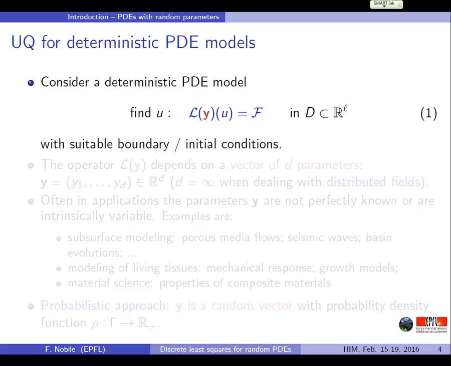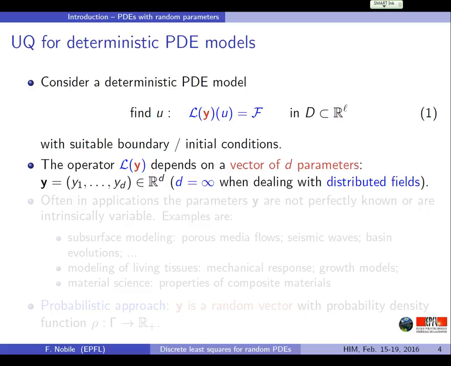It could be a variability in the system, and every time you run an experiment, you get something slightly different, or it could be just a lack of knowledge, so you're not able to characterize these coefficients well, and you want to be conservative in your prediction. So the parameters could be at this level: you have a partial differential model that has 5 parameters, and for each of them you want to put some uncertainty bounds.